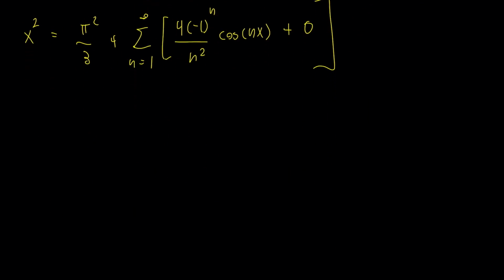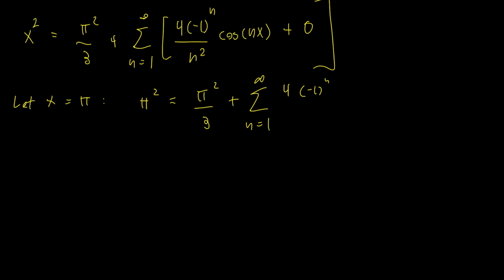And now all that's left to do is let x equal pi. So if we do that, we have pi squared equals pi squared over 3 plus the sum from 1 to infinity of 4 negative 1 to the n over n squared. And we'll have a cosine of pi n term, but we said that's negative 1 to the n for n some integer.